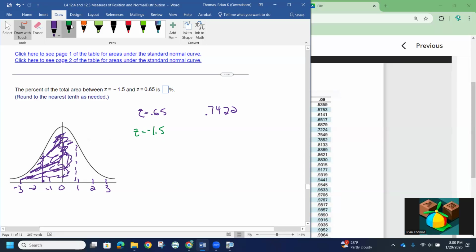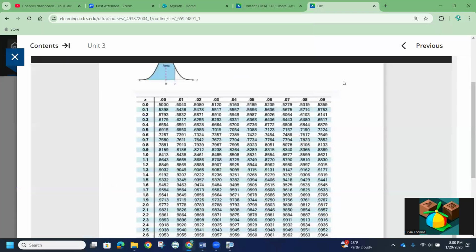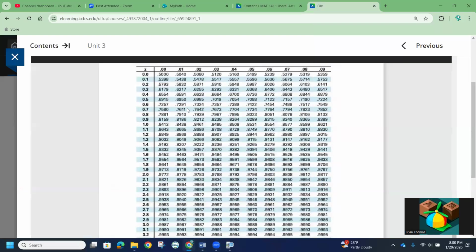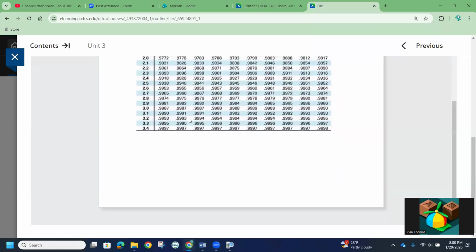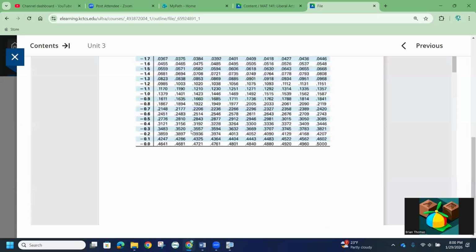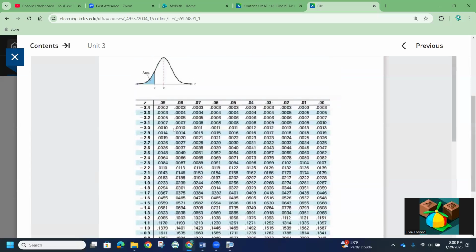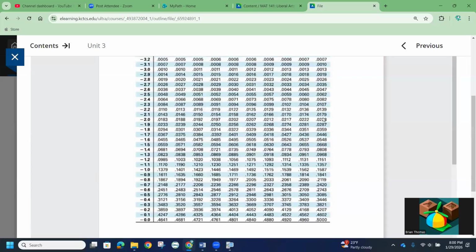Now my other z-score is negative 1.5. If I go back to my table, negative numbers are the other way, so negative 1.50 is over here. It looks like we're getting 0.0668, which is the area of the curve at negative 1.5.